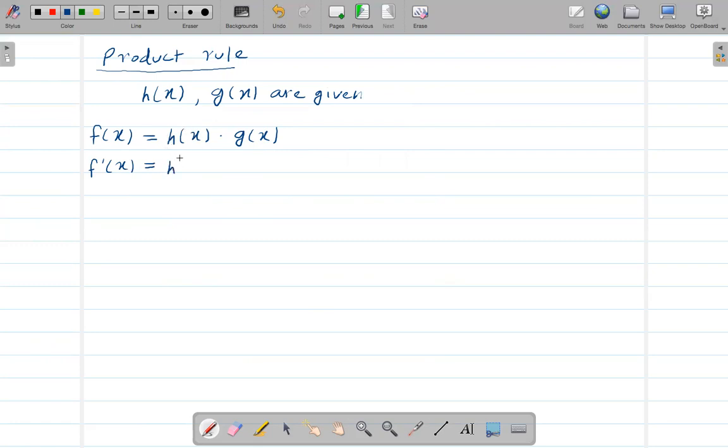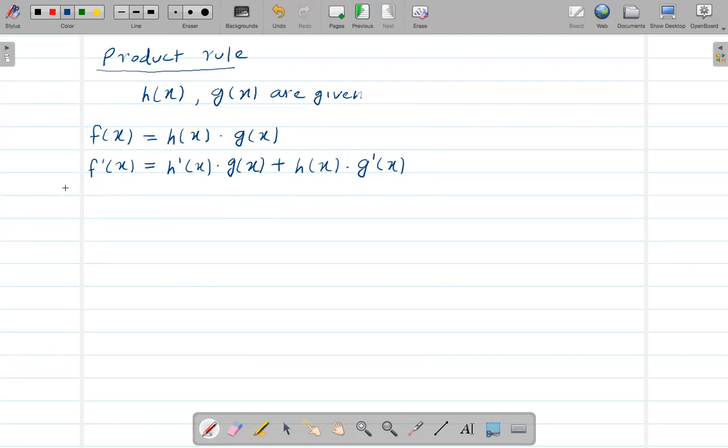So h prime of x, times the other equation, which stays the same. Plus, now in the second one, the first one will stay the same, and then take the derivative of the second equation, g prime of x. Okay, so that's the formula, or this is the product rule.